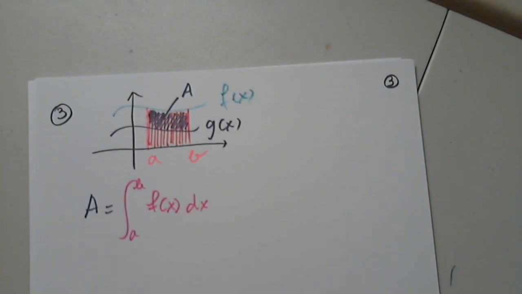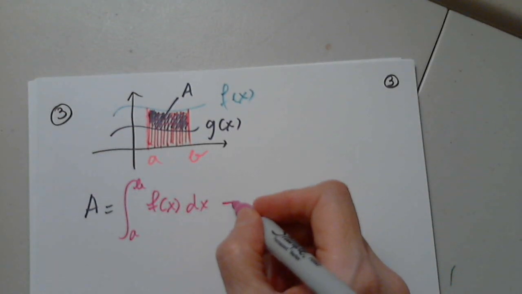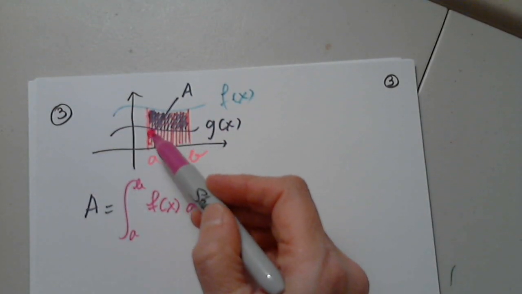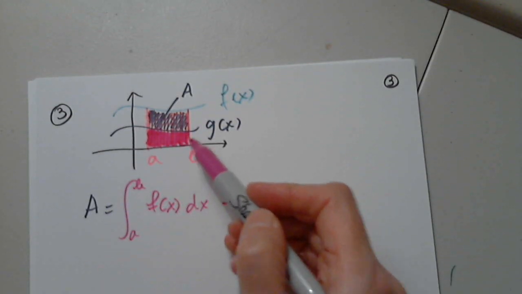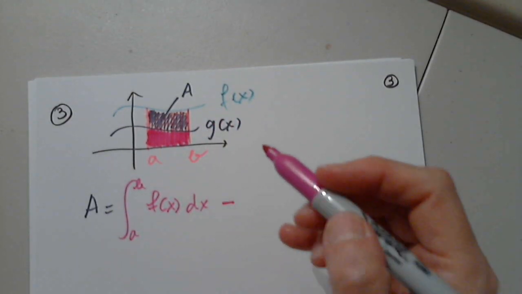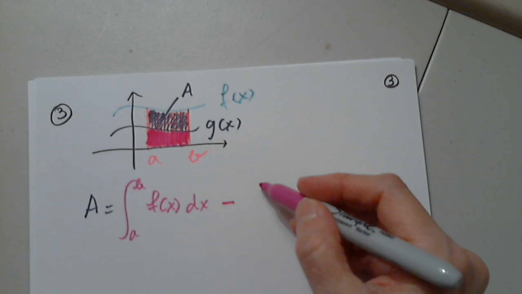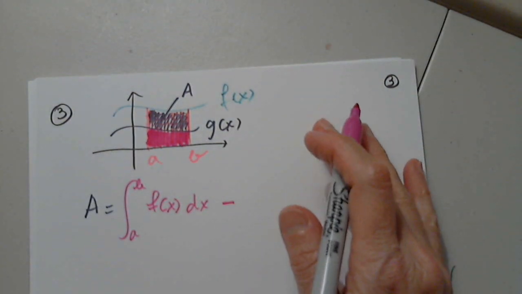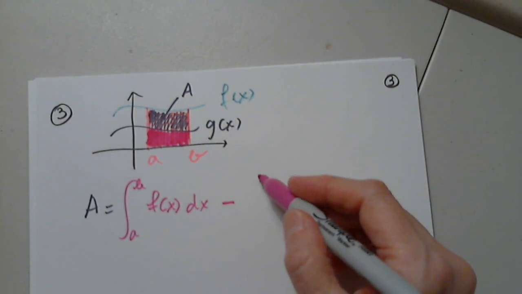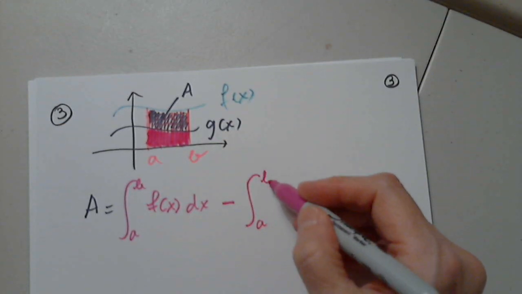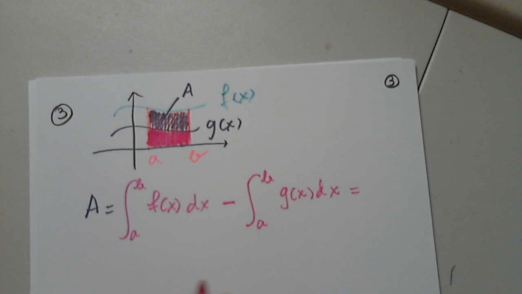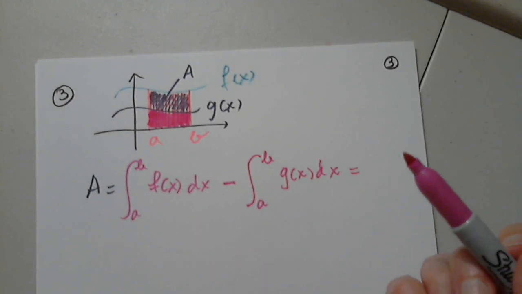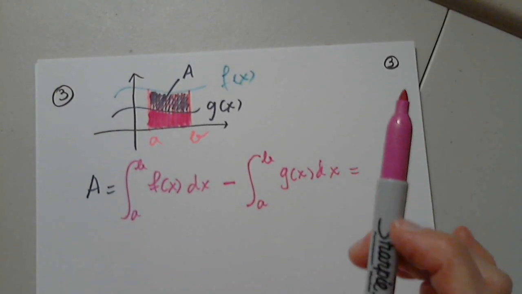Very good. Awesome. Minus. Can anyone give us this area? Just this piece. Is it like minus g of x? Exactly. The integral from a to b from g of x dx. And yes, you are correct. We don't like to write it. So just take a look for a second.